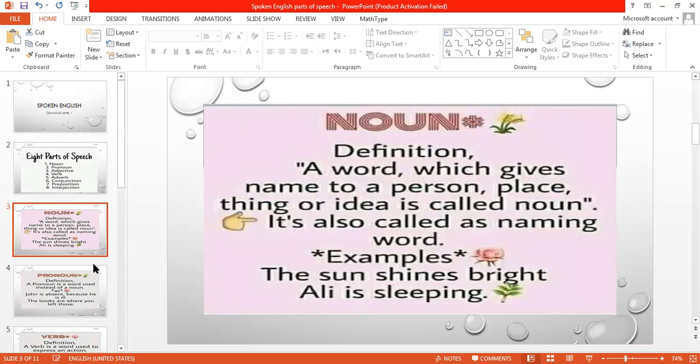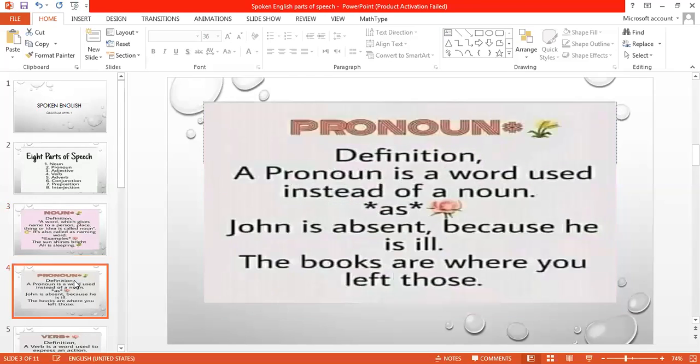The next part of speech is pronoun. The word that we use in place of a noun is a pronoun. The example of this is: John is absent today because he is ill. If we write, John is absent today, John is ill, that doesn't make sense, and that will not be a proper sentence.